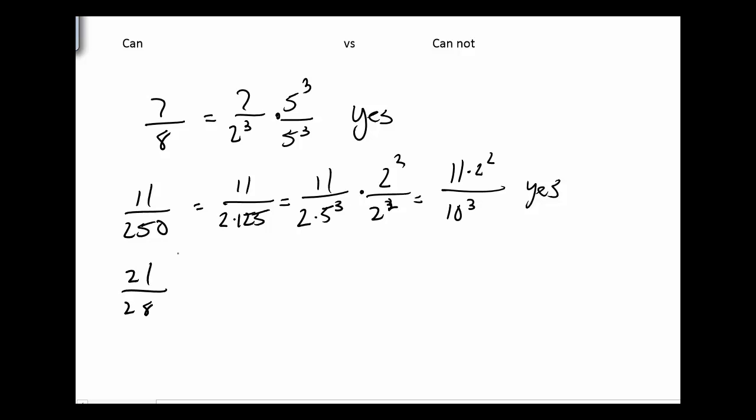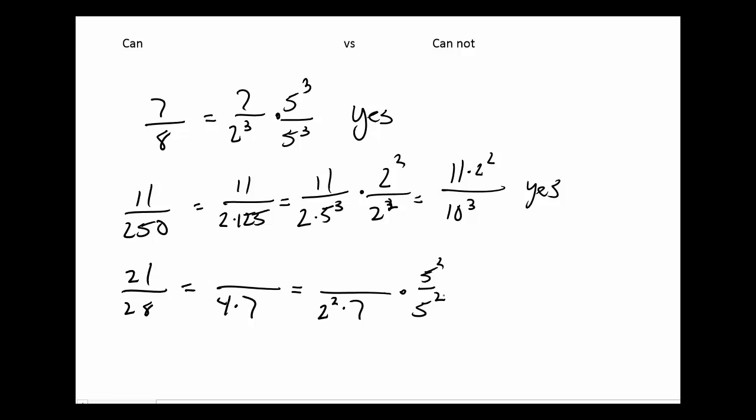Okay, what about 21 over 28? Again, the goal is to get it to say 10 to some power. This time, we start with the denominator 4 times 7, and that's 2 squared times 7. Now, I could multiply by 5 squared over 5 squared, which would give me some power of 10, but I have that 7 hanging around, so I have to justify how to get rid of the 7.